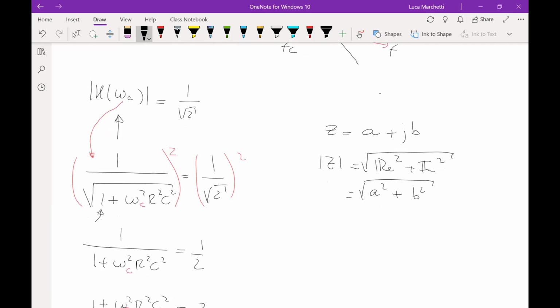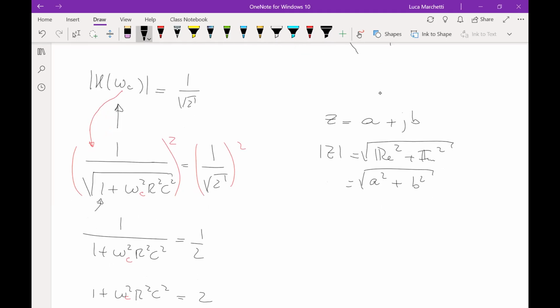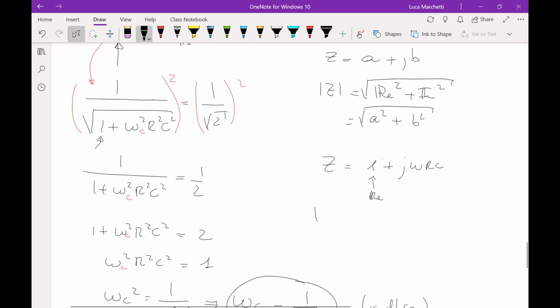In our case, my complex number was 1 plus j omega RC. So the real part here was 1. So when I take the absolute value, we have the square root of 1 squared, which is 1, plus omega squared R squared C squared. Yeah, it was a good question.